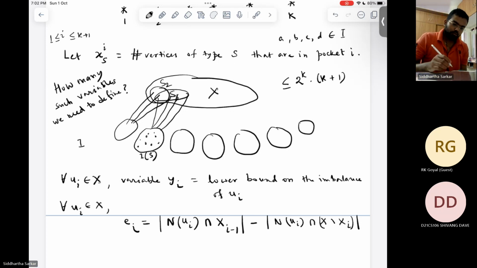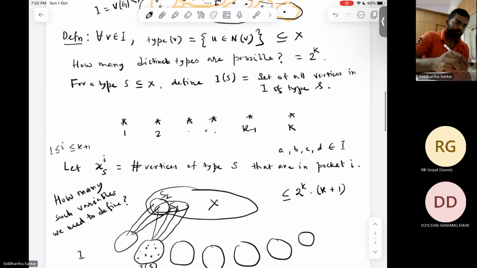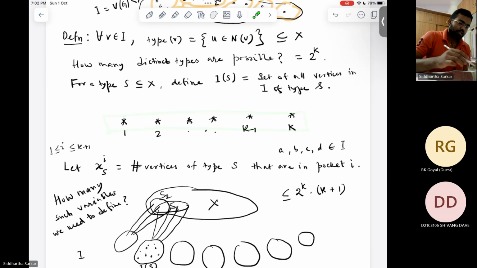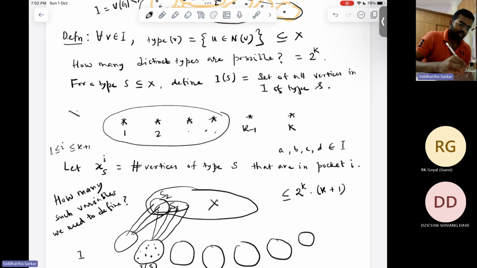So this ordering that we have fixed, the ordering of the vertices in the vertex cover. The first i vertices in this ordering we denote by X_i.